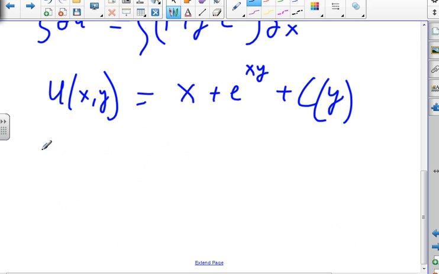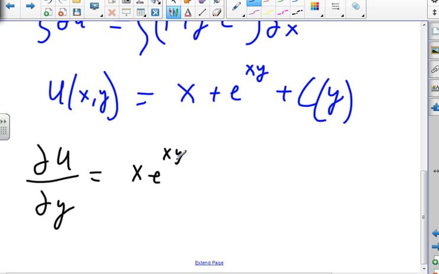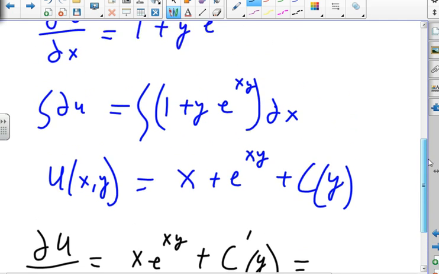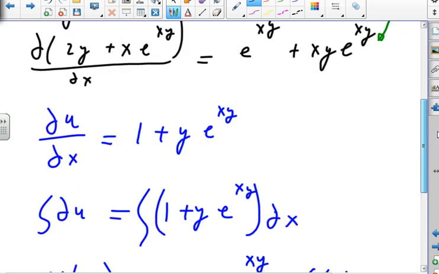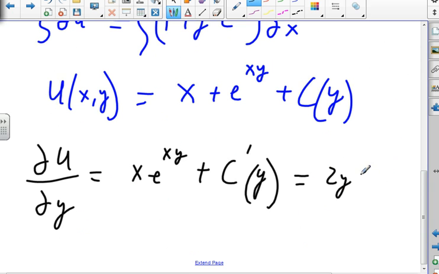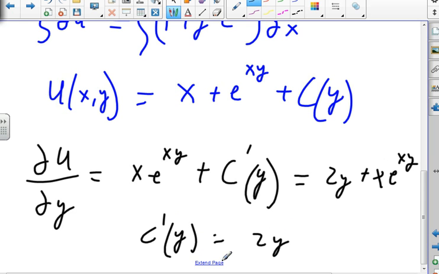All right, now I'm going to take the partial of u with respect to y. That guy goes away, he's just a constant. This guy here is going to be x e to the xy plus the derivative of the constant in y only. That has to equal the other half of the equation, which is 2y plus x e to the xy, implying that c prime of y has to be 2y.